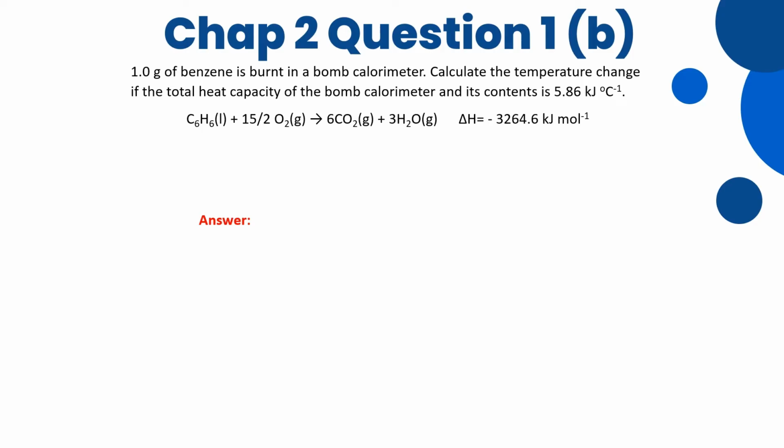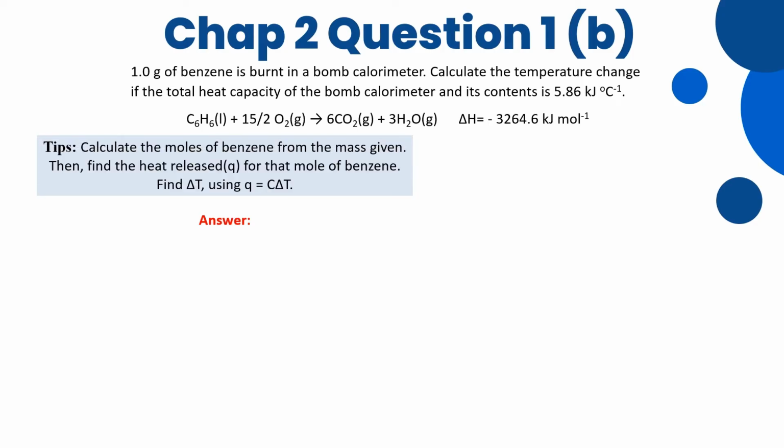So to attempt this question, we need to have some tips. First, we need to find the number of moles of benzene given, so we apply the formula mole equal to mass over molar mass.